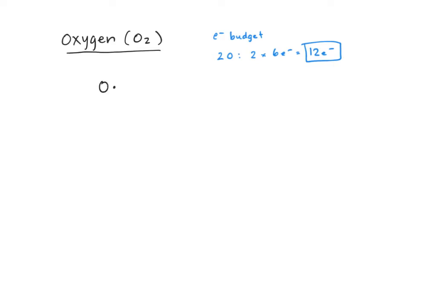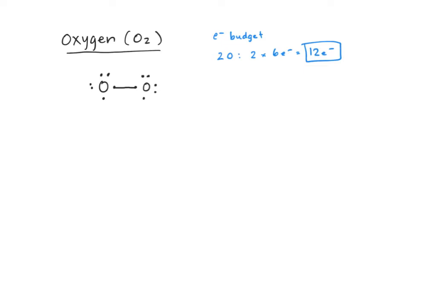So I'm going to draw 2 Lewis symbols for oxygen, each with 6 electrons around it. And I'm going to choose to draw my Lewis symbols in this fashion. I'm going to connect an unpaired dot at the central plane between 2 oxygen atoms.